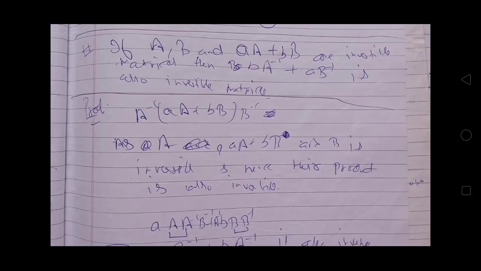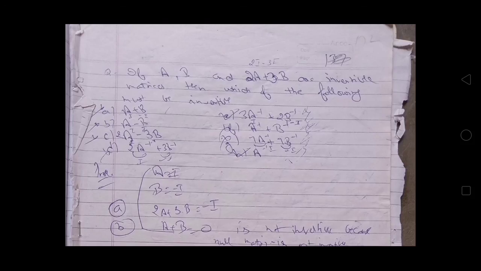So the proof told us that if A, B and A times A plus B times B are invertible matrices, then B times A inverse plus A times B inverse is also an invertible matrix. Now see this question. If A, B and 2A plus 3B are invertible matrices, then which of the following must be invertible?